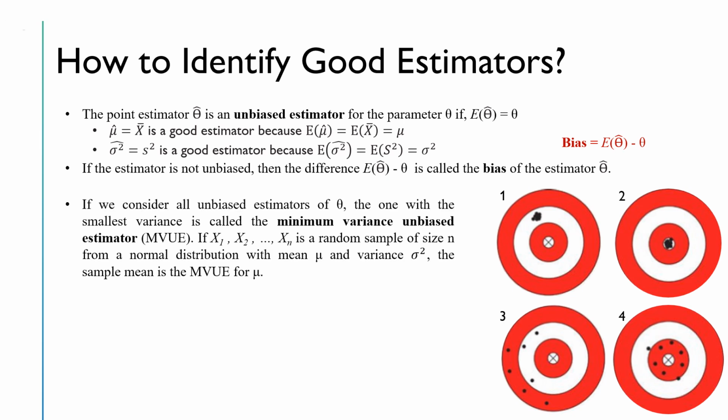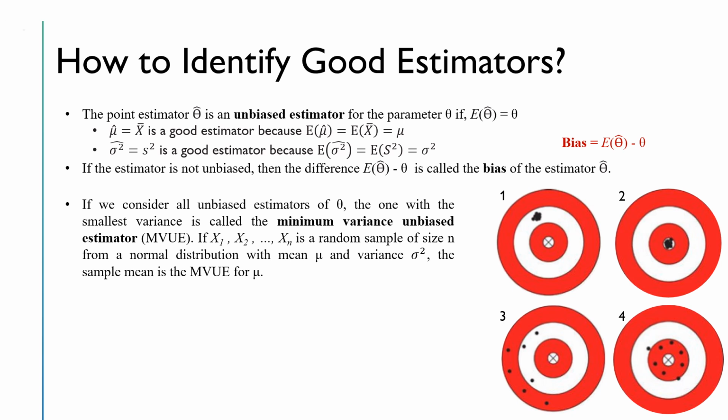Among all unbiased estimators of a population parameter, the one with the smallest variance is called the minimum variance unbiased estimator, or MVUE. This means that, while all unbiased estimators provide accurate estimates on average, the MVUE is the most reliable because it has the least amount of variability across different samples.